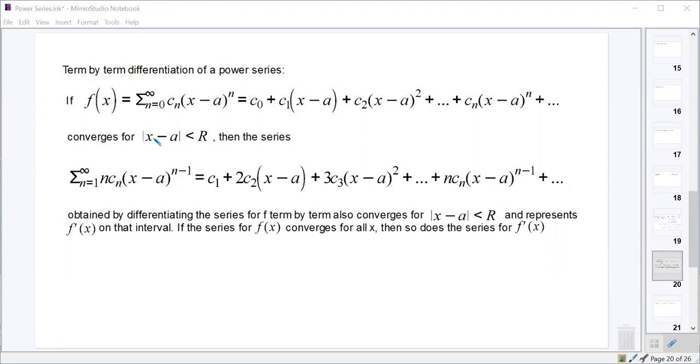And so if the original one converges, remember for the absolute value of x minus a less than r, that tells us that the new one will also converge for the exact same values. Because we're not changing this r value, right? Our r value is staying the same. We may be throwing some extra constants out in front of it, and we're maybe dropping this power by 1, but we're not changing the common ratio between the terms.